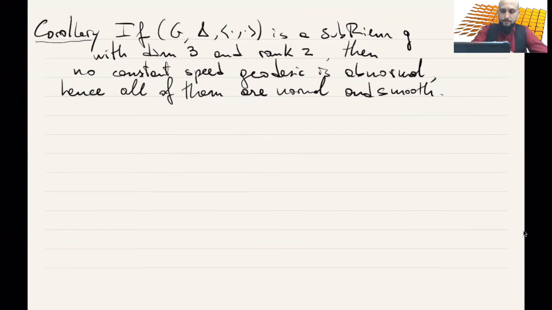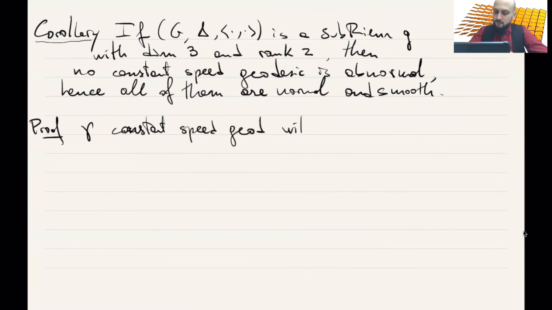Okay, what is the proof? Let's consider gamma a constant speed geodesic, say with control u. Up to left translation, we can assume that the initial point is 1.